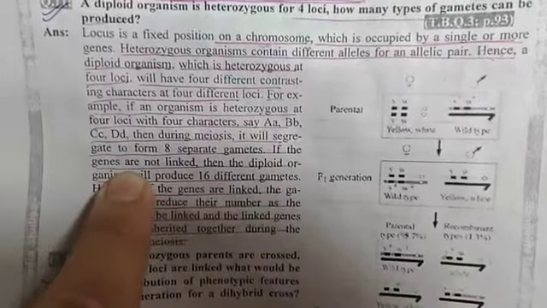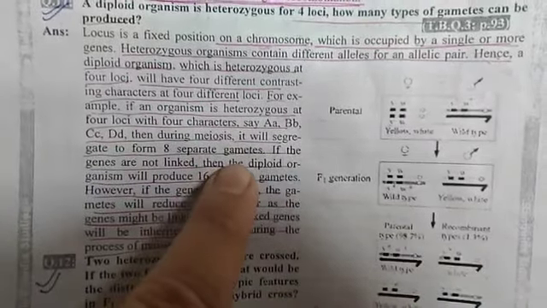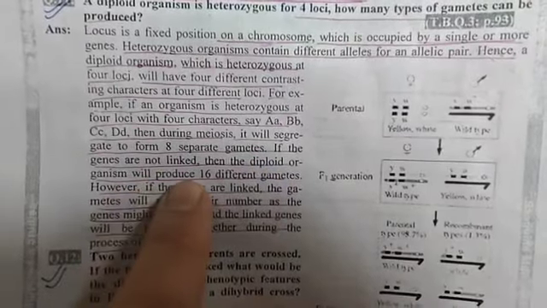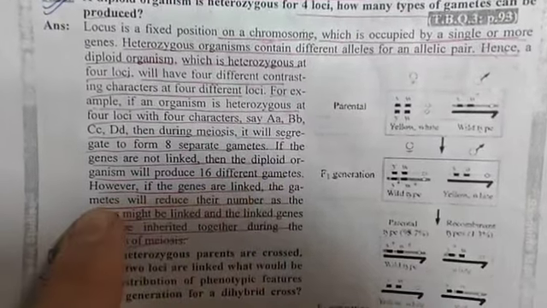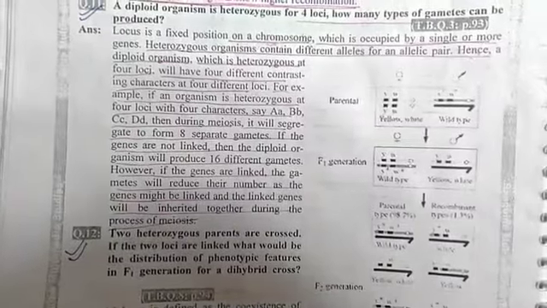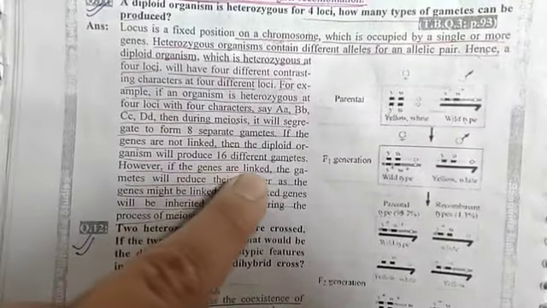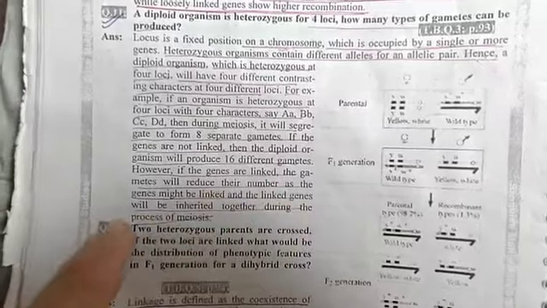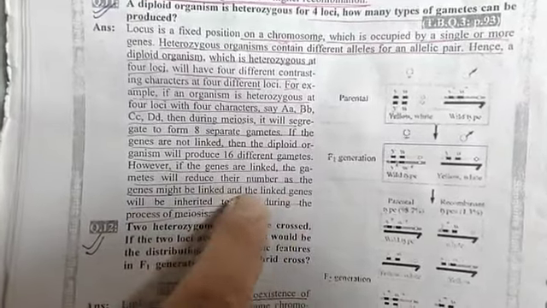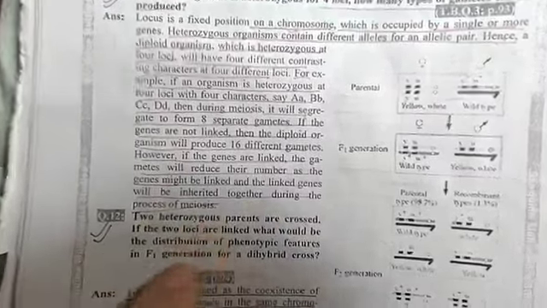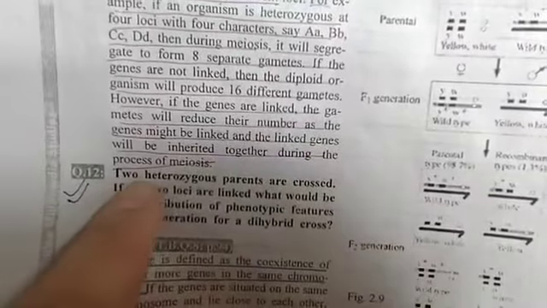If the genes are not linked, then the diploid organism will produce 16 different gametes. However, if the genes are linked, the gametes will reduce in number, as the linked genes will be inherited together during the process of meiosis.